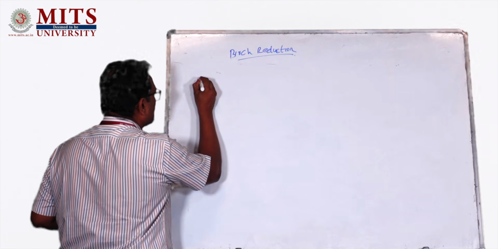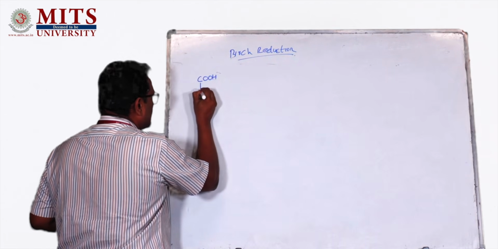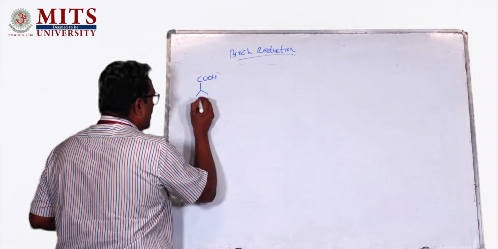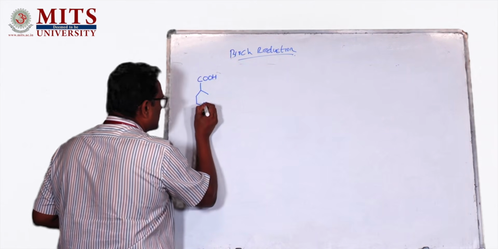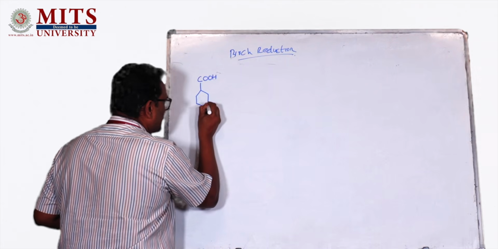Assume a benzene ring having an electron withdrawing substituent such as a carboxylic acid group.